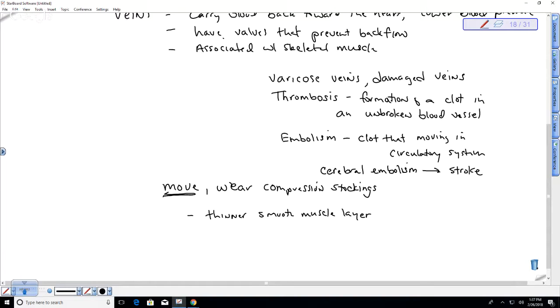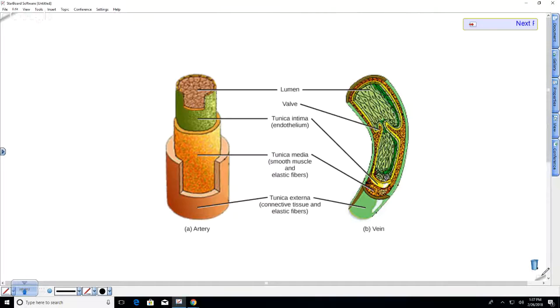Okay, so when we talk about exchange between the circulatory system and the lungs and the circulatory system and the body, this is just a diagram from your book. So the artery has a thicker layer of smooth muscle than the vein, and then the vein here, it's just showing that it has valves. So if the blood flows up and then it comes back down, the valve is going to be able to catch it.